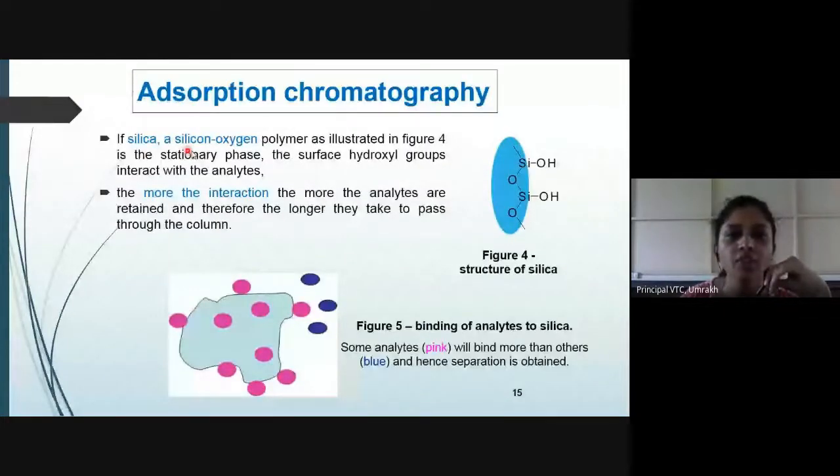Now, in adsorption chromatography, can any one of you tell me which kind of solid support will be used?